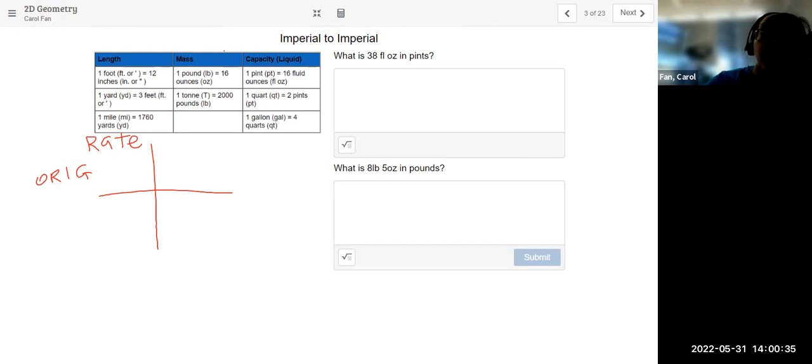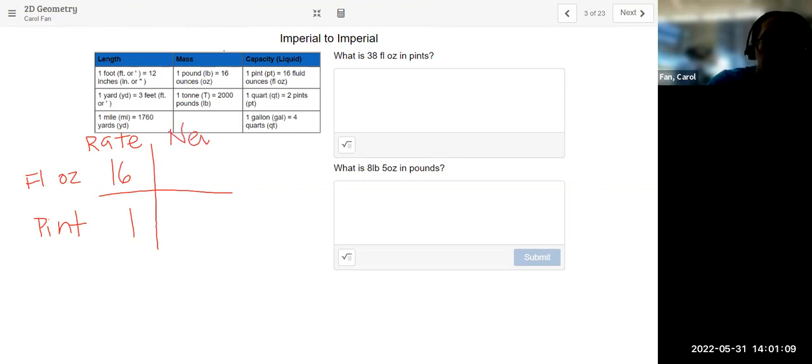Okay, so let's say I'm converting 38 fluid ounces into pints. I go into my chart to find out what the rate is. In this case, we're converting from fluid ounces to pints, and the rate is 1 pint is equal to 16 fluid ounces.